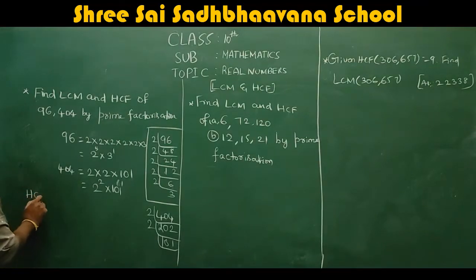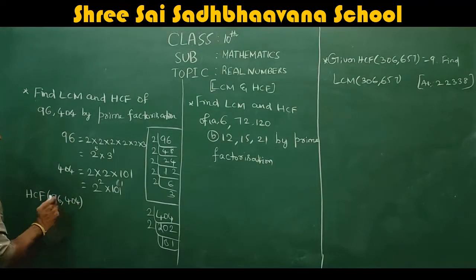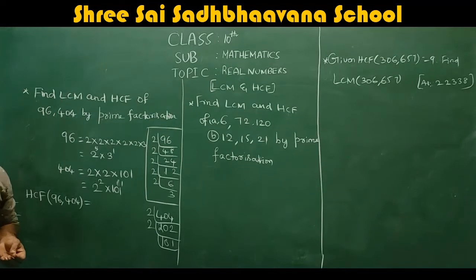So, first, HCF of 96 and 404. Remember, HCF is nothing but, I'll write here, the product of the smallest power of each common prime factor.